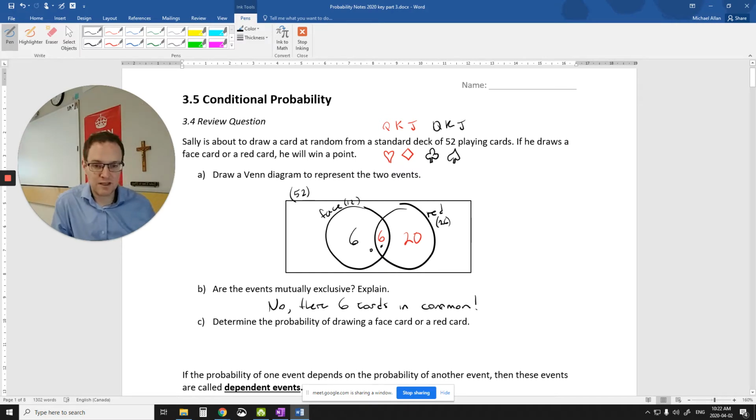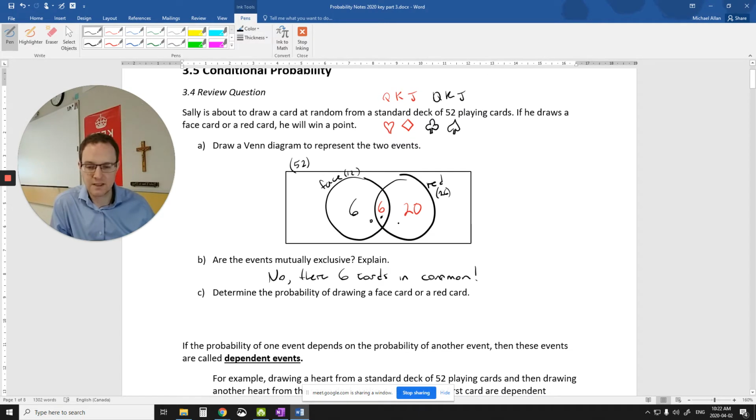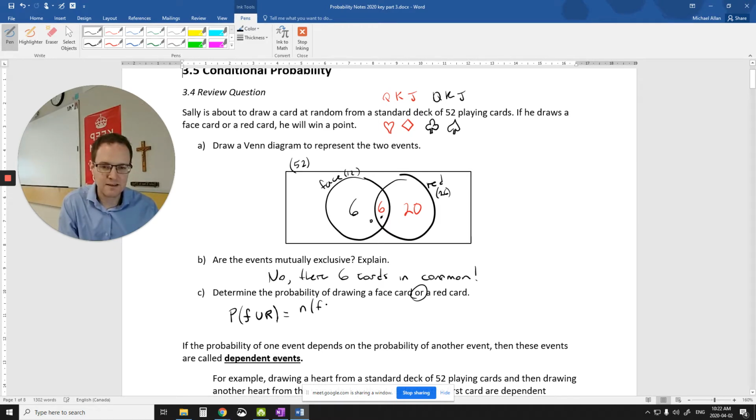What's the probability of drawing a face card or a red card? To figure that out, that's the union. If you remember from previous lessons, to find probability you need the number of favorable outcomes divided by the number in the sample space, in this case the universal set.